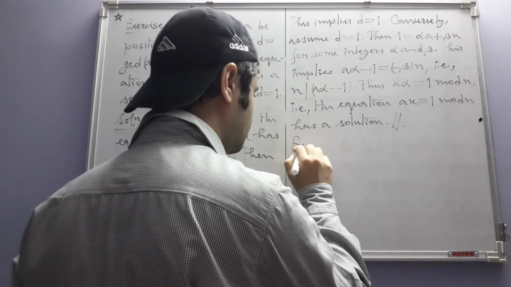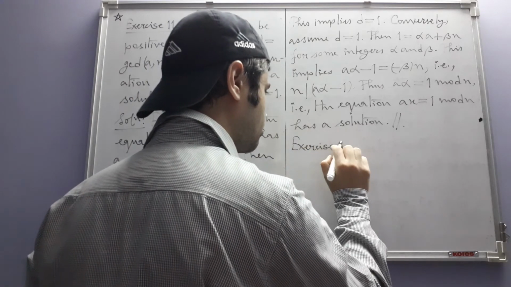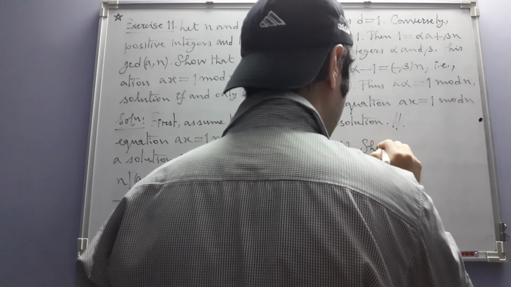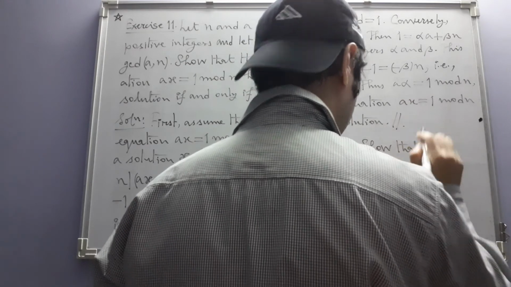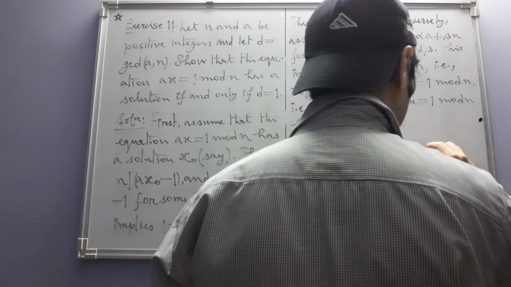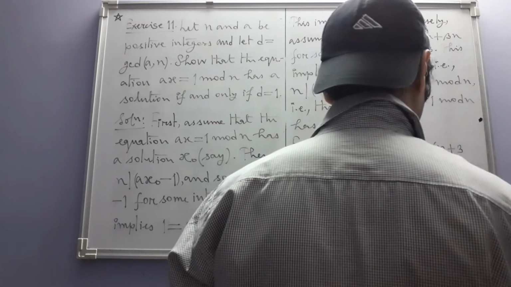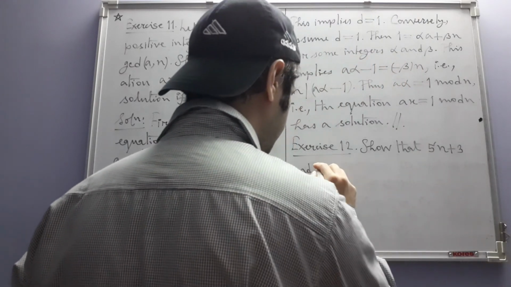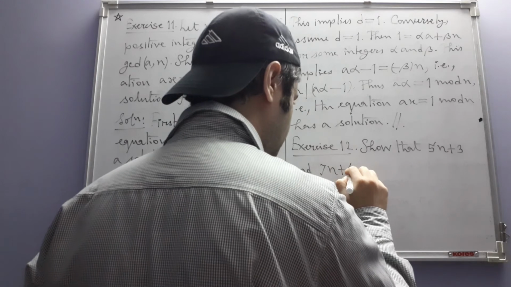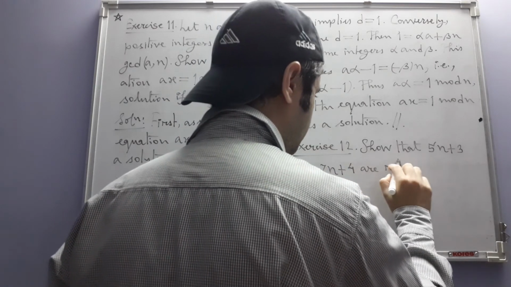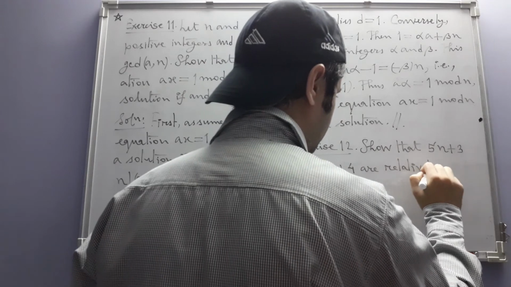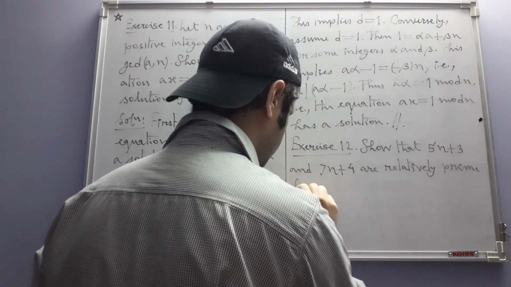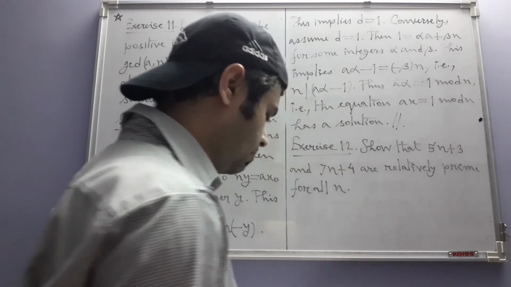Exercise 12. Show that 5n plus 3 and 7n plus 4 are relatively prime for all n.